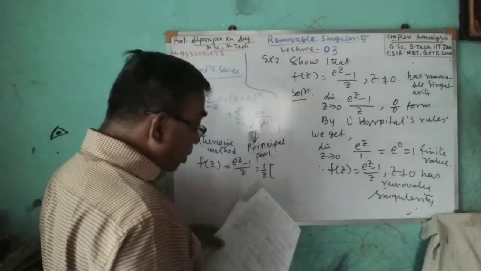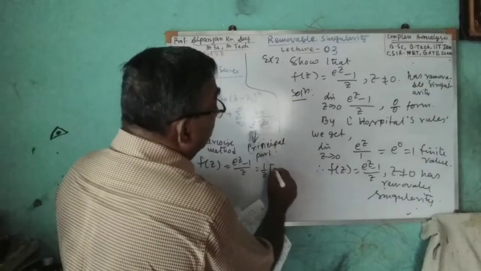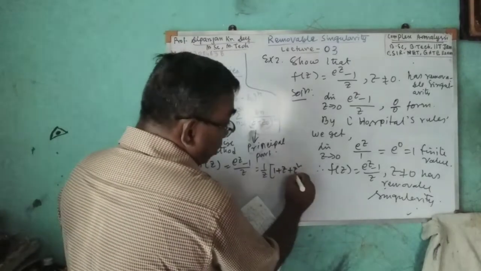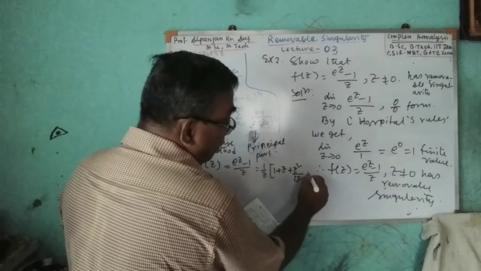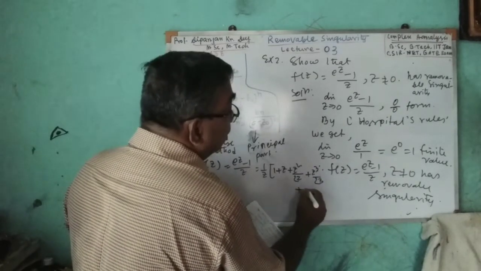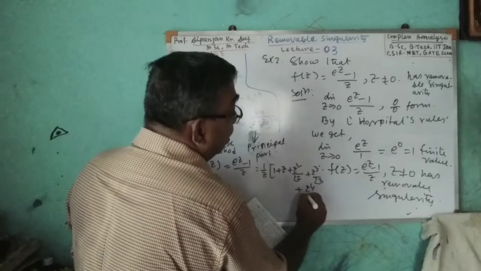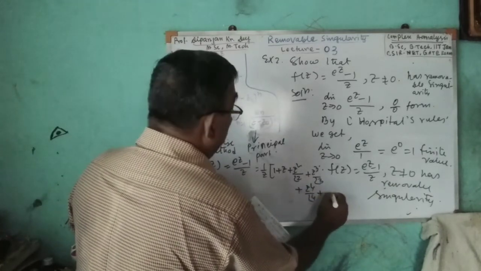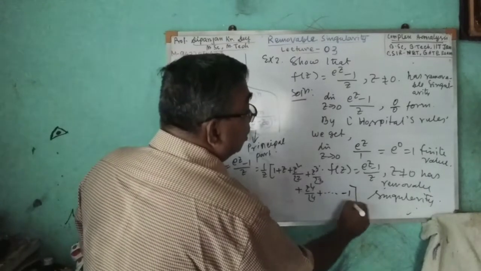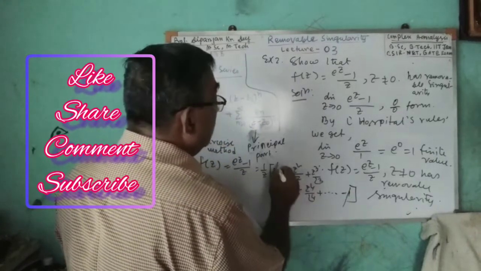So e to the power z formula is 1 plus z plus z square by factorial 2 plus z cube by factorial 3 plus z to the power 4 by factorial 4 plus dot, then minus 1. So this 1 and minus 1 get cancelled.